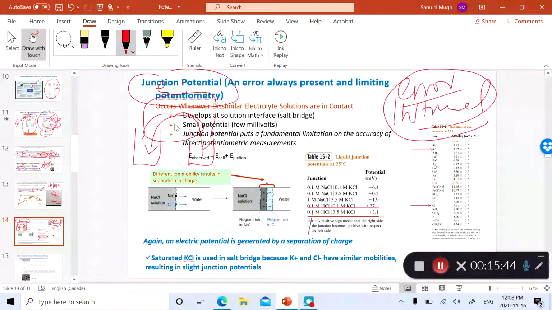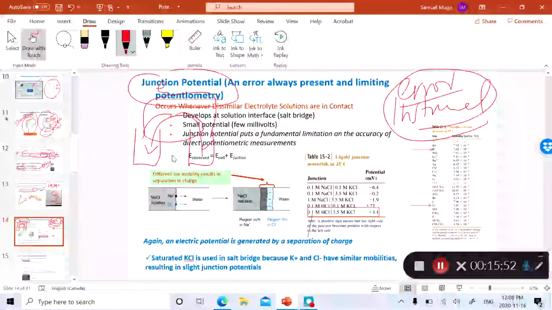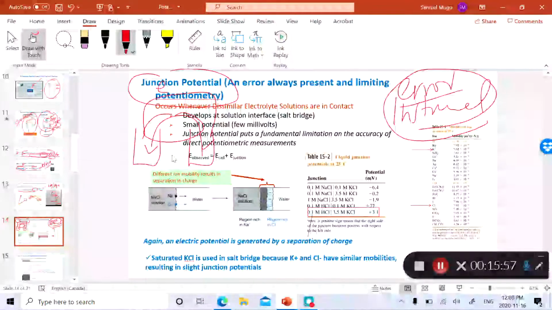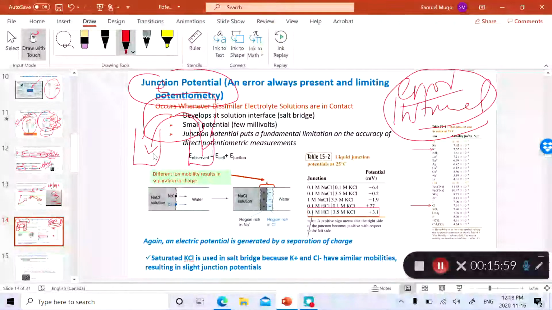So how is that potential generated? Remember, the salt bridge helps in the conduction of the ions from one half cell to the other. With that conduction, every ion has a certain weight, but each ion also has a certain charge.